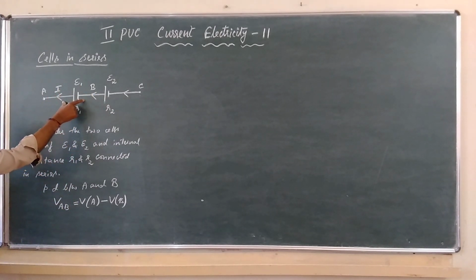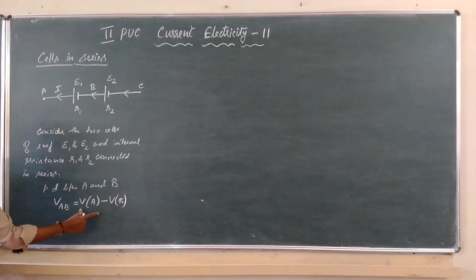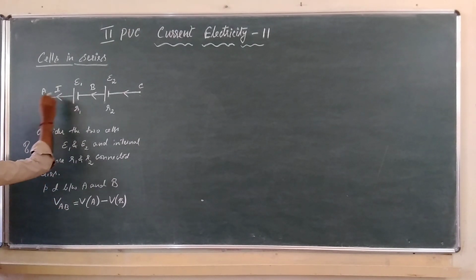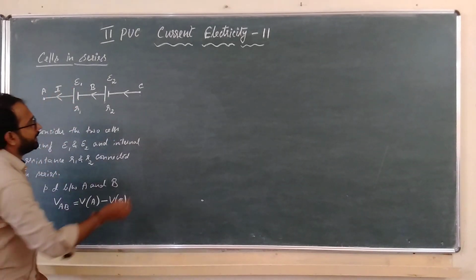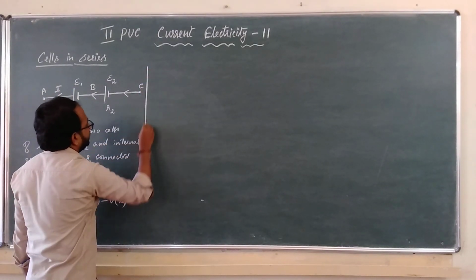That is the terminal potential difference across the first cell, so VA minus VB. So how to calculate that terminal potential difference across this cell?